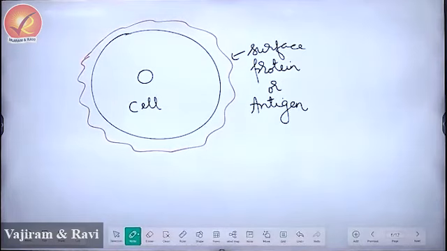We'll come to the previous slide once again. We'll continue that discussion of the previous slide also. Let's first discuss the term antigen.